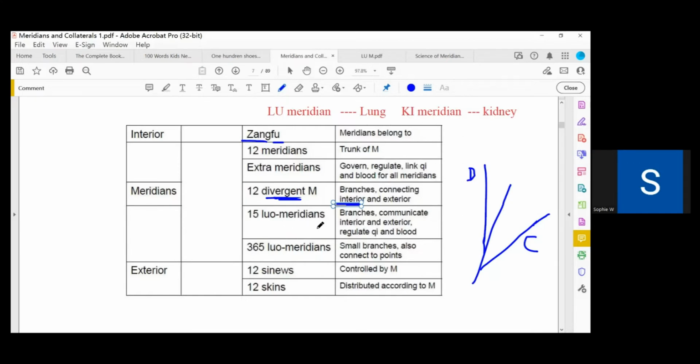"15 lower meridians, still branches, communicate interior and exterior." So this one, interior, that means here you can note that's the meridian. This one, that's the organ.